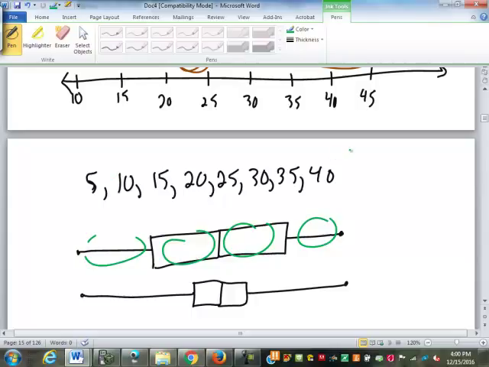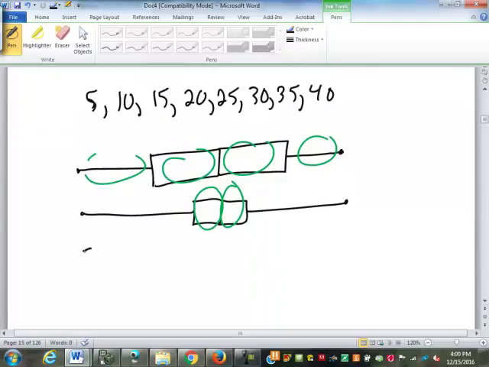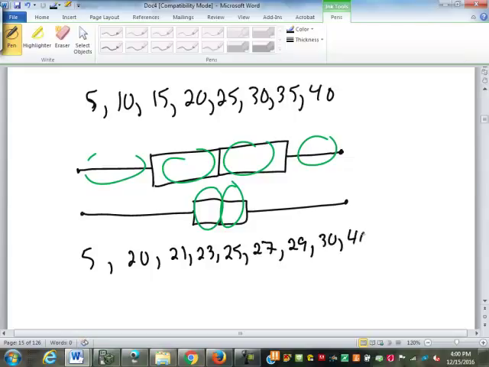The numbers are equally spread out. Here, this is saying the numbers are a lot closer together in the middle. That one might represent a set of numbers that look more like this. Like that. That would be more representative of what we have going on there.